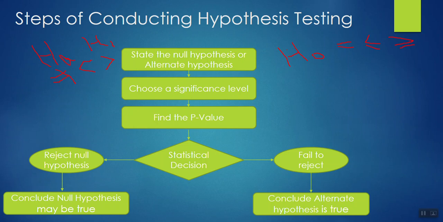For example, the pharmacy of a hospital claims that 85% of patients' demands are satisfied. To test the claim, researchers survey a random sample of about 100 patients who purchase their medicines from the hospital pharmacy.